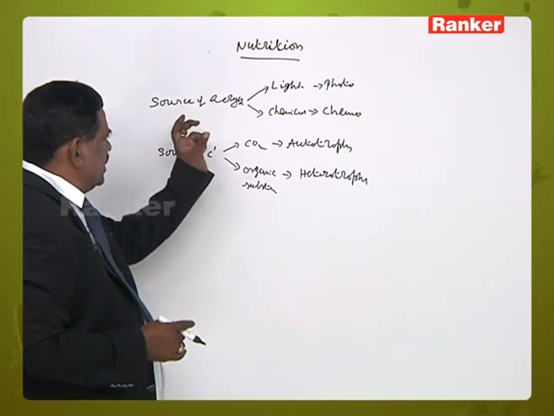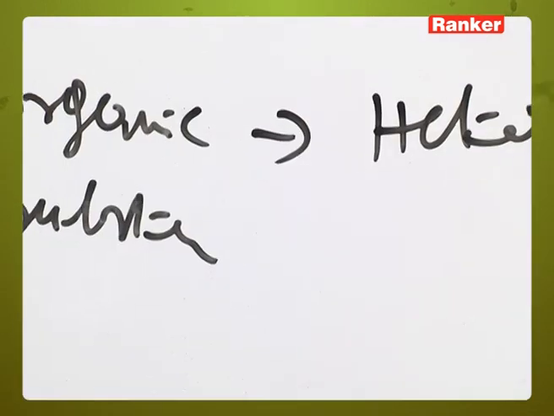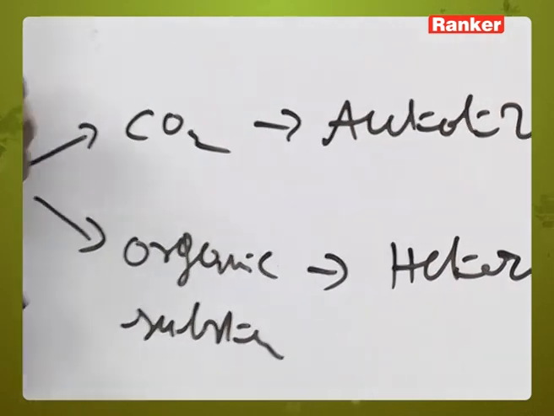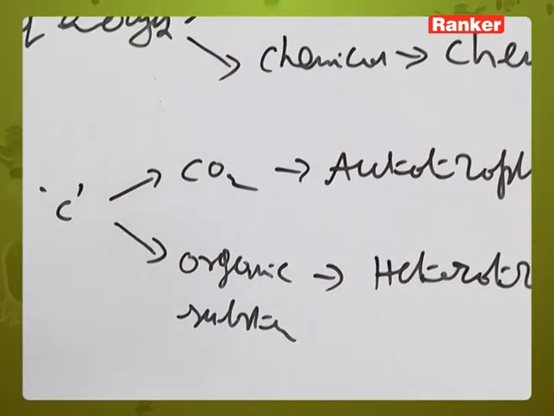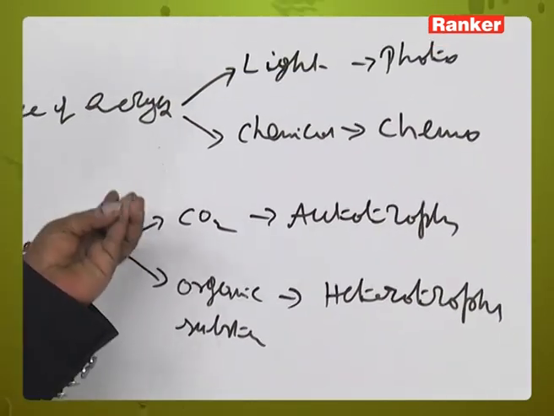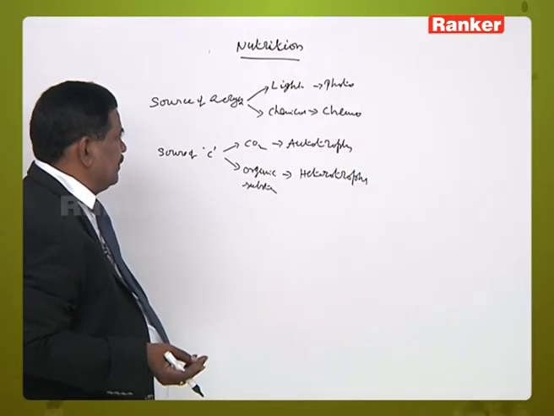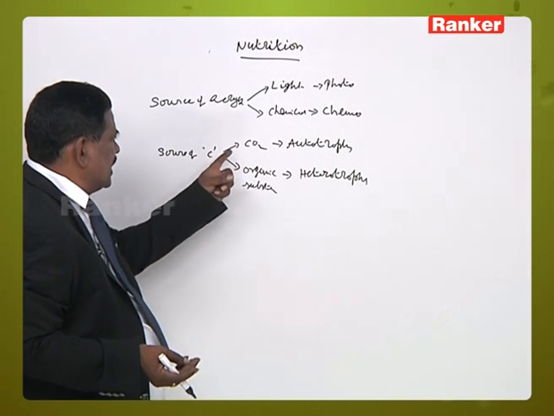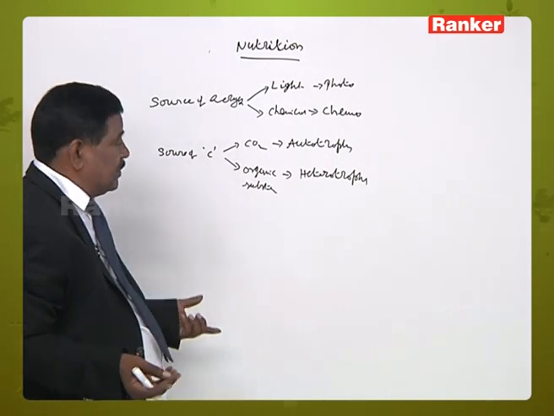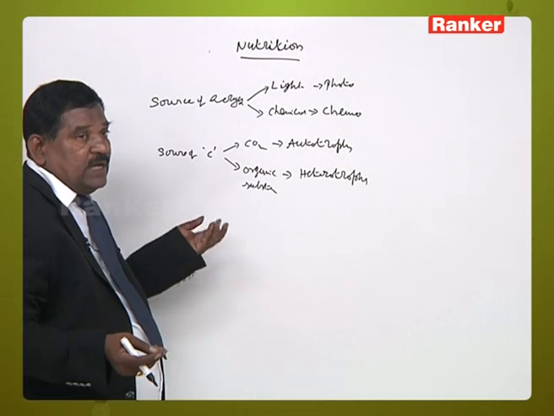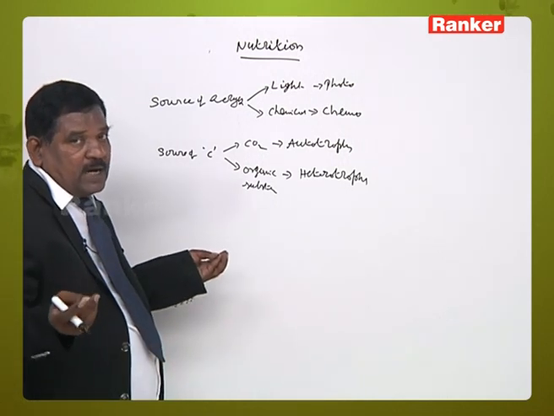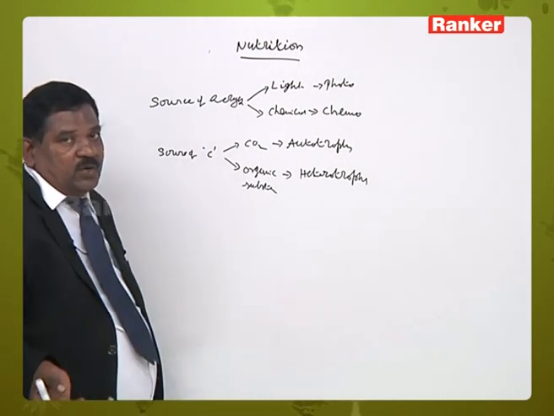Based on the source of energy and the source of carbon, bacteria are of various types. If the source of energy is light, they are called photobacteria. If they obtain energy from chemicals, they are called chemobacteria. If they obtain carbon from atmospheric carbon dioxide, they are autotrophs. If they obtain carbon from organic substances, they are called heterotrophs.